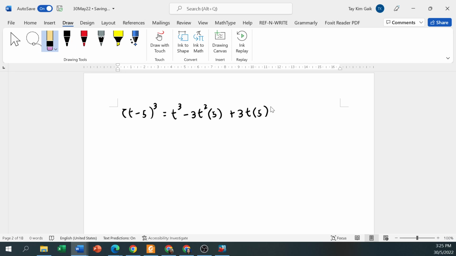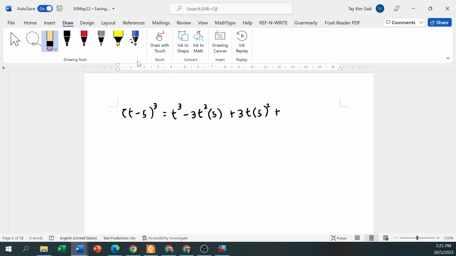Sorry, t cube and then t squared, this one t power 1, 5. Initially, if this is 1, you multiply this by negative 5 power 0, this is negative 5 power 1, that's why negative 5. This is negative 5 power 2.